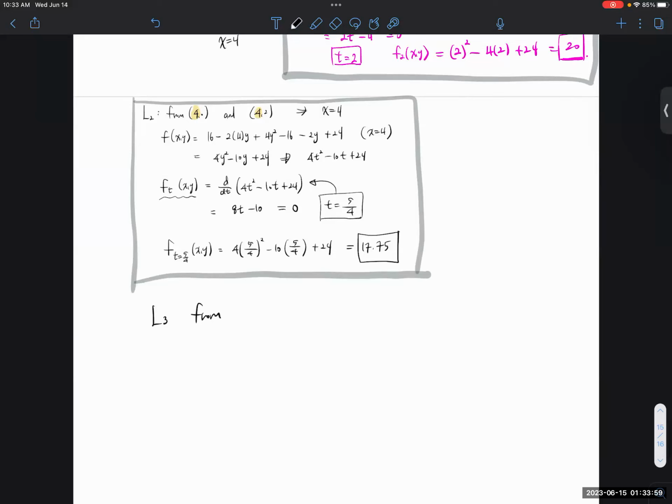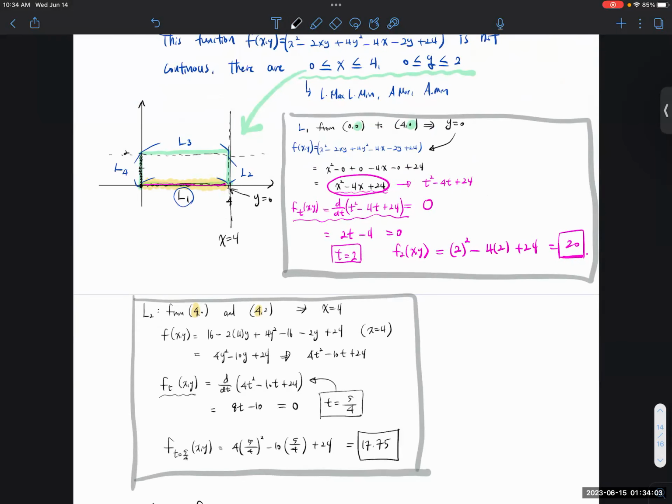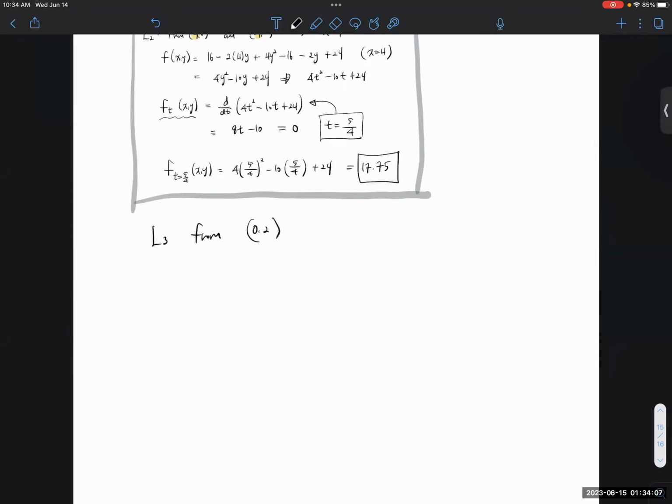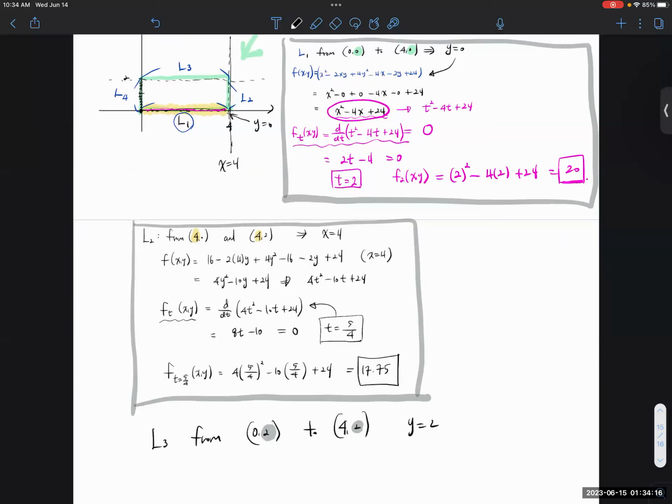From where to where? If we go to L3, (0, 2) to (4, 2). So in this case, y equal to 2. So that's the equation, y equal to 2, horizontal line.